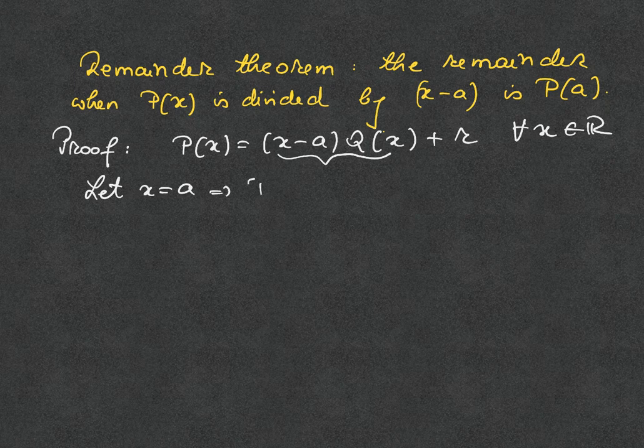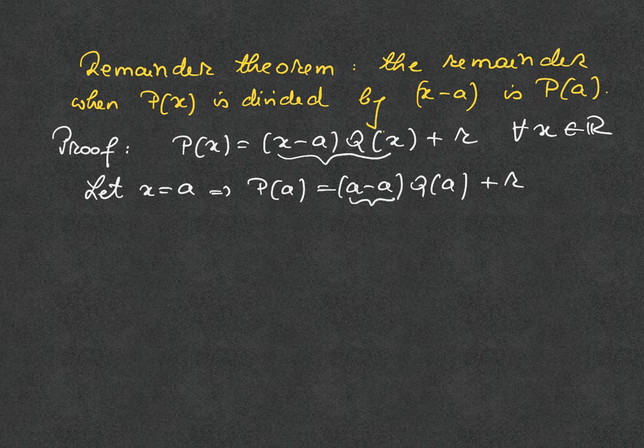So, p of a equals a minus a times q of a plus r. It doesn't matter what q of a is, because a minus a is 0, so I get p of a equals r. So the remainder is p of a. That's beautiful, right? So I don't need to do the long division. I can find the remainder immediately.